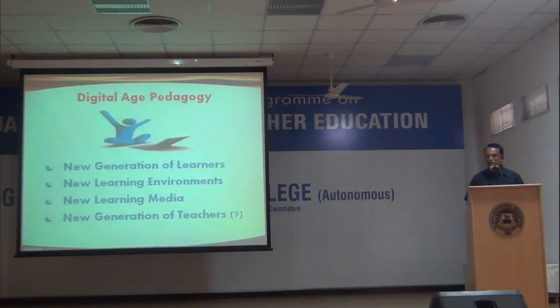And you see, this impact of the new media on the education system has resulted in what is called digital age pedagogy. I'm sure there was a mention of the word pedagogy in earlier sessions. The word pedagogy is a 2-dimensional term. On one side, it refers to the art of teaching, and on the other side, it refers to the science of learning. Teaching is considered an art and learning is considered a science today.